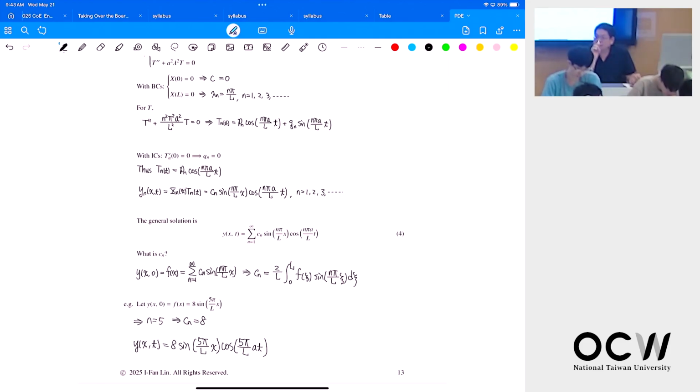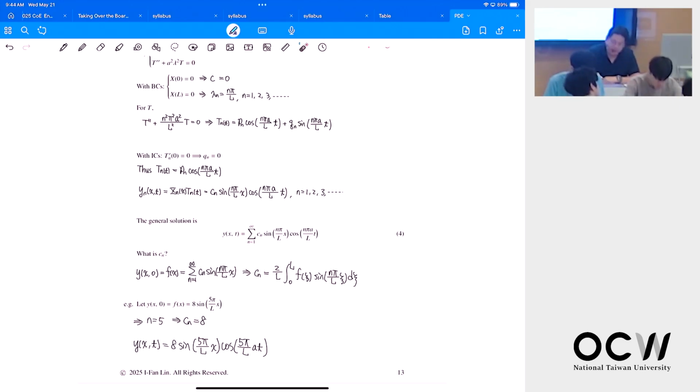And then you consider the second differential equation about temperature or the time, and then you use the initial conditions to find the coefficients. And normally, because you use the initial conditions, you'll see that your function is a Fourier series, Fourier sine series, Fourier cosine series. So you can get the coefficients through the Fourier series. And then that's it. It's kind of like a procedure to find the solution.